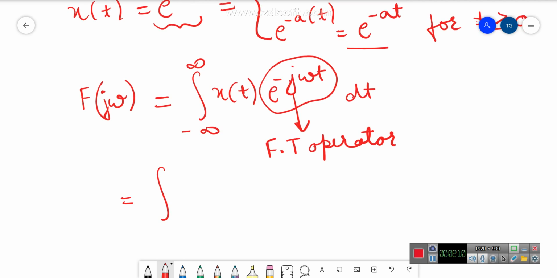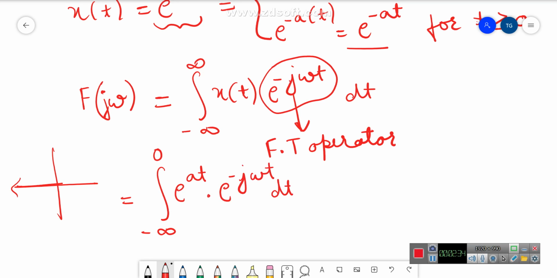Now we can separate these limits from minus infinity to 0. This means this is on this side of my graph, that is the negative part of t. So we can write it, the x of t has the value for minus infinity to 0, that is e to the power a t into e to the power minus j omega t into dt, plus integration 0 to infinity.